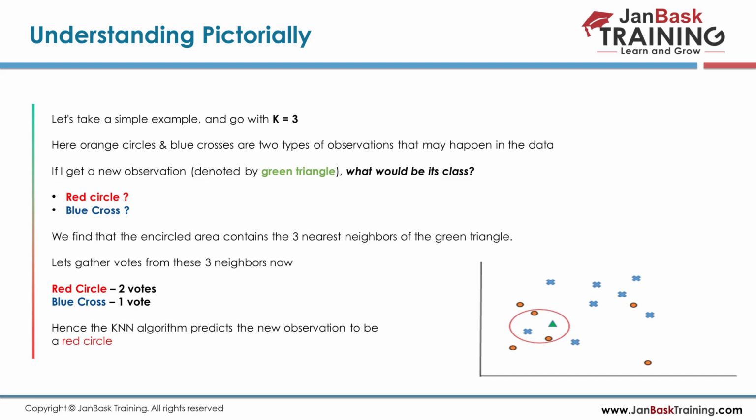You have given k equal to 3, so it will identify three nearest neighbors. Let's gather votes from these three neighbors. With 3 given, there will be a clear majority. Hence, the KNN algorithm predicts that the new observation would be the red circle.